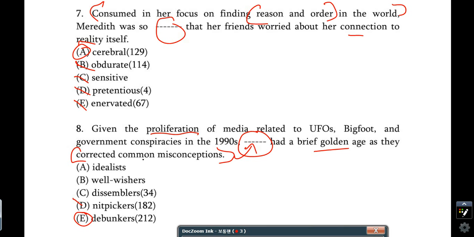It's almost the same thing, but a nitpicker will find a small detail and say that that small detail is wrong, while a debunker will say that the whole thing is not true. Dissemblers are liars, and they wouldn't correct common misconceptions. Idealists don't make sense in that case, and well-wishers wish well, and so they wouldn't try to correct your misconception.